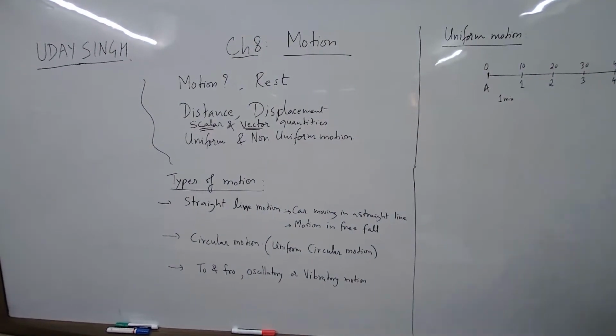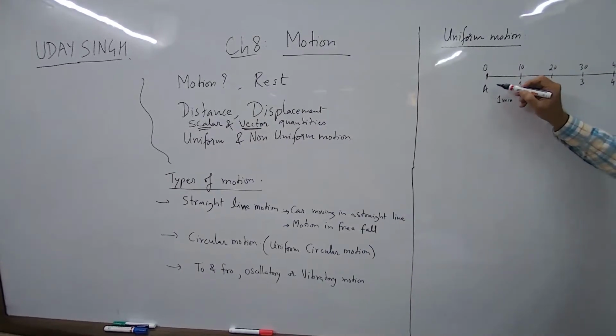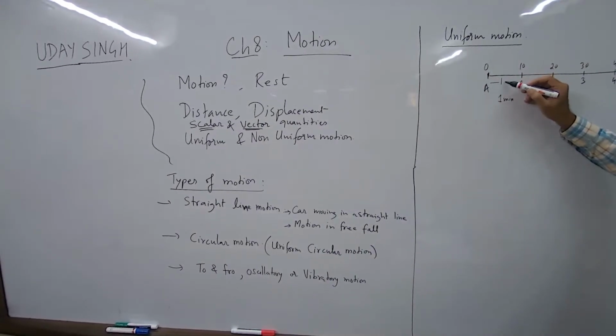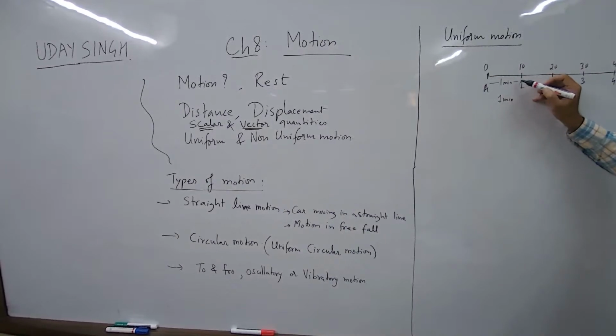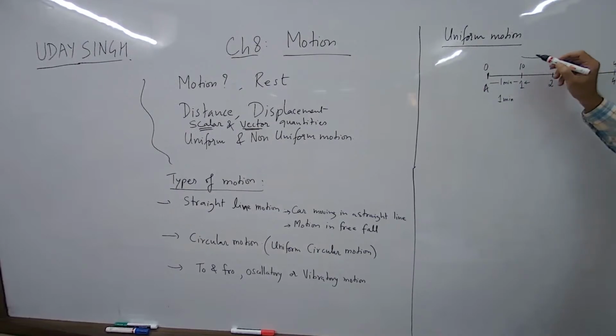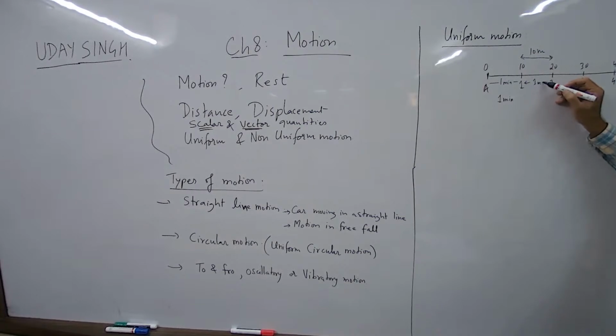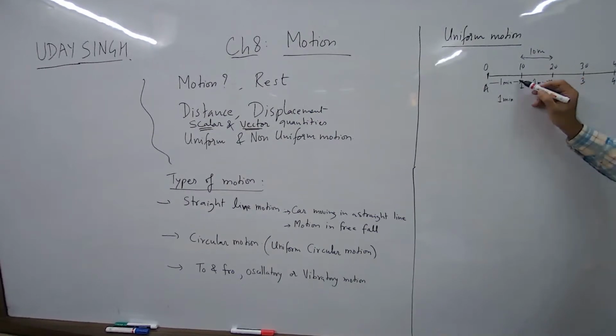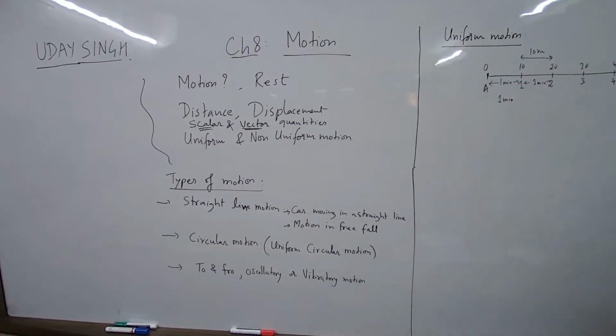You can see that in every 1 minute, the body covers how much? 10 meters. To go from 10 to 20, what is the actual distance? 10 meters. What is the time interval? 1 minute. So every time interval of 1 minute, the body travels 10 meters. Such motion is called uniform motion.